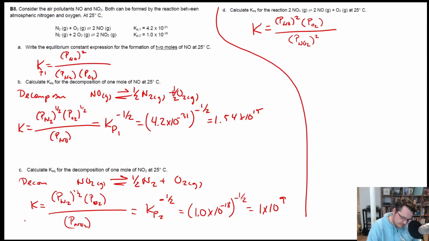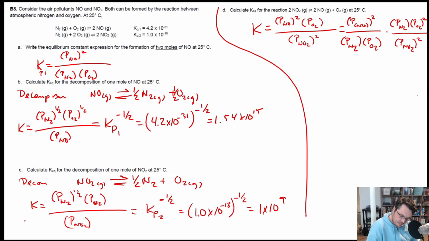So if we just take those two together, taking the NO gas formation one, this is going to be P NO gas squared over P of N2 gas times P of O2 gas, times, and now we're looking at the decomposition reaction, but of 2 moles, not of 1 mole, and so that becomes P of N2 gas times P of O2 gas squared, because you're going to be forming 2 moles in that case, over P of NO2 squared in that case.